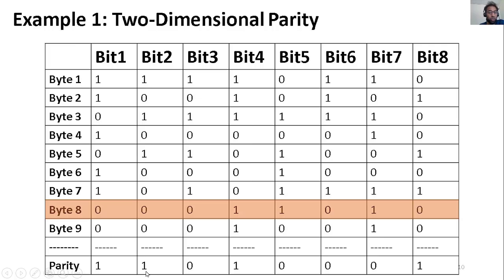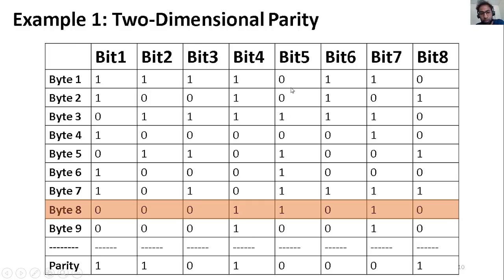And so obviously the parity bit will be 1. And next we have 1, 2, 3, 4, 4 ones. So obviously the parity bit is 0. In bit 4, we have 3 ones and 3, 3, 6. So the parity bit is also 1, and the total number of ones becomes 6.